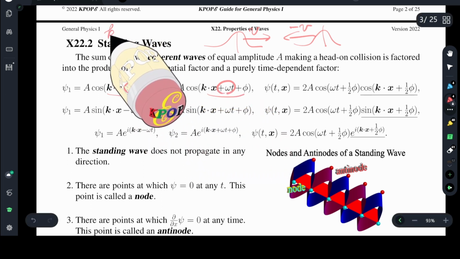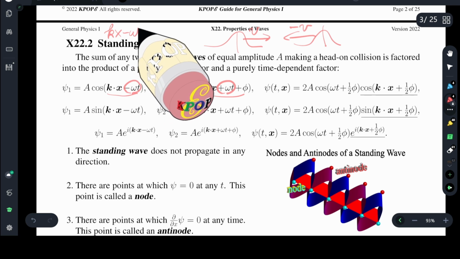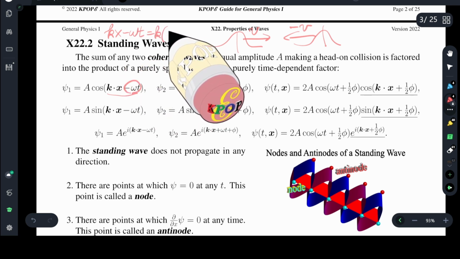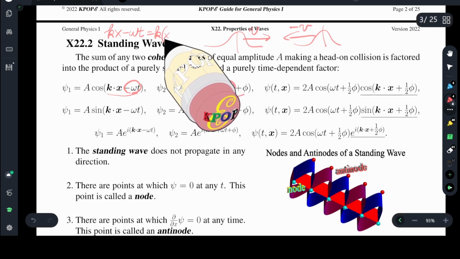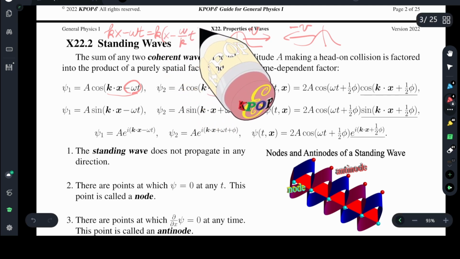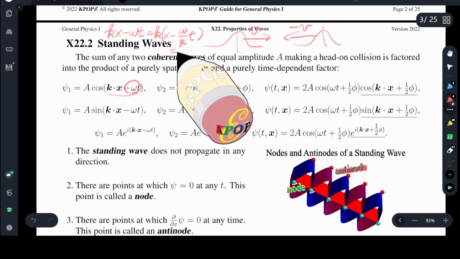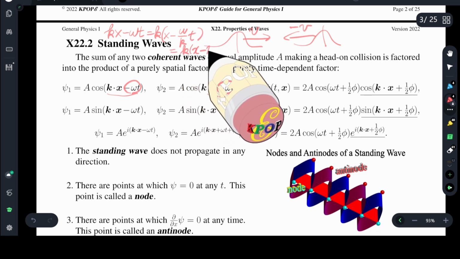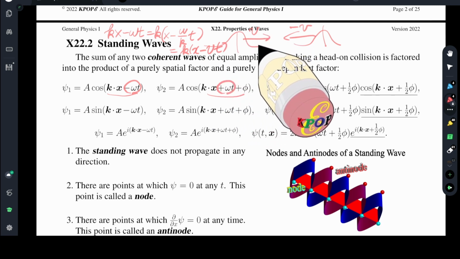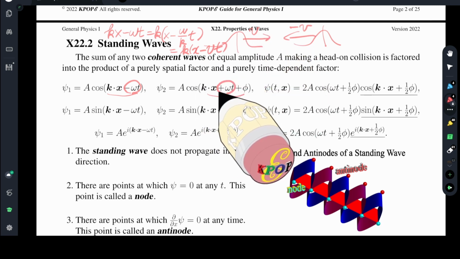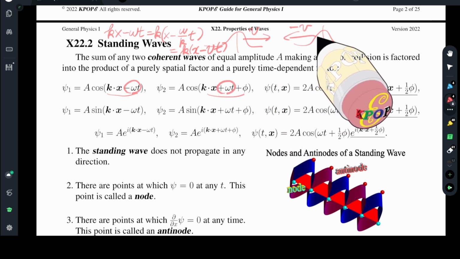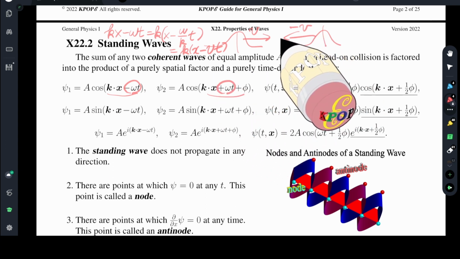You know, kx minus omega t, if I factor k out, it is omega over k times t, and this is velocity. So k times (x minus vt). X minus vt propagates to the right as time flows, and the x plus vt style is propagating from the right to the left.